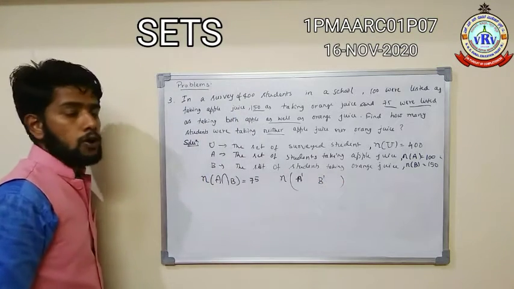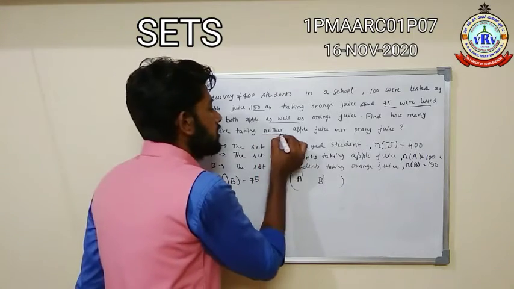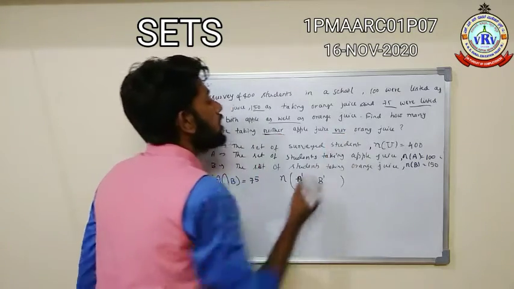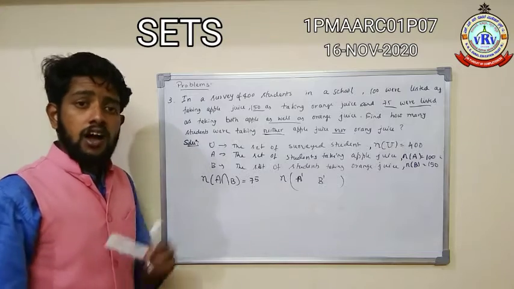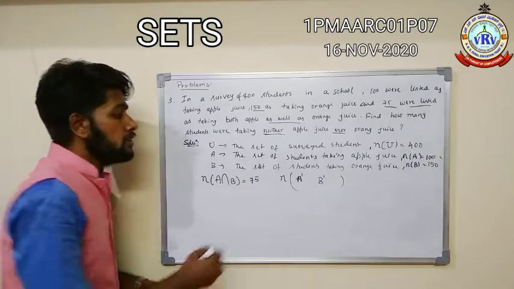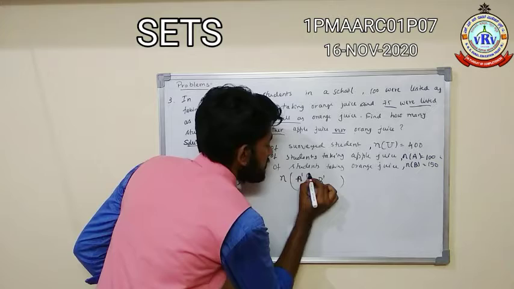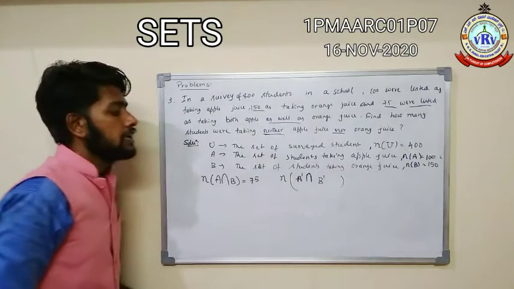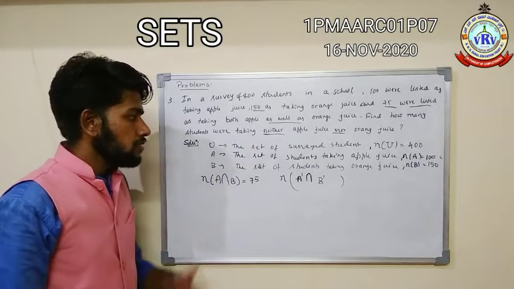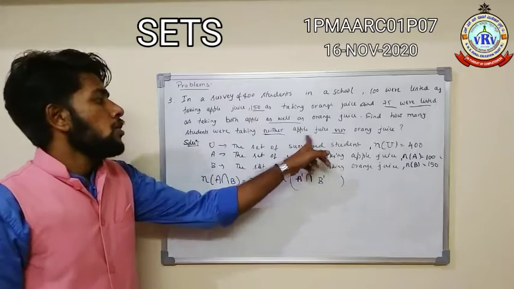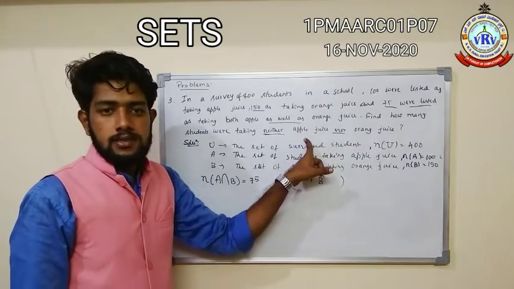The complement of orange juice. Here they are mentioning neither apple nor orange. That means we have to get the intersection of A dash intersection B dash. Here you have to consider both the sets, right?